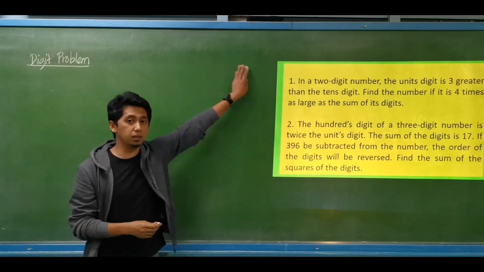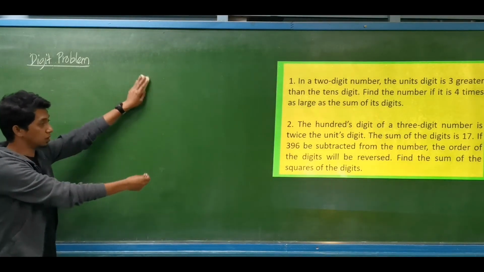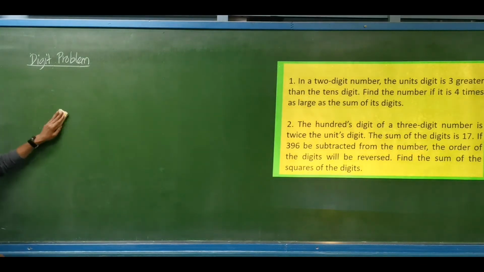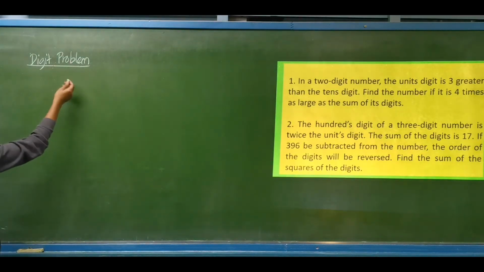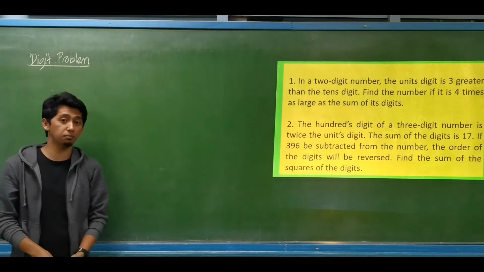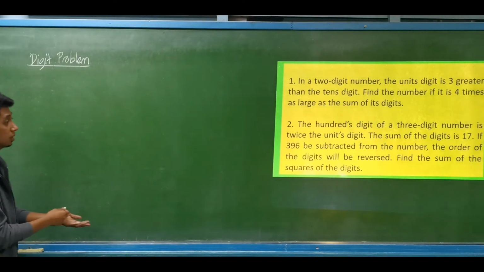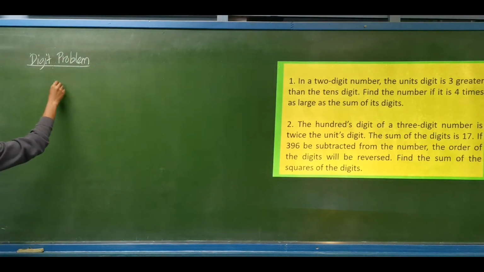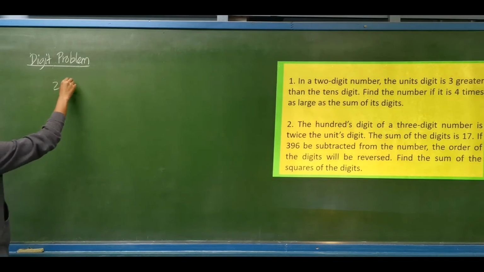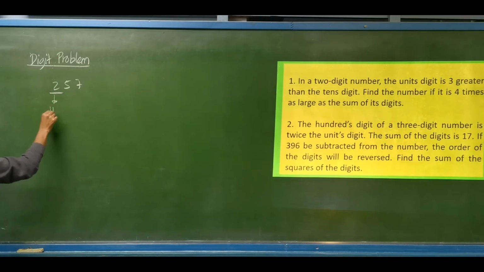So we proceed to a digit problem. So before we proceed with the examples, how do we present an unknown 3-digit number in terms of variables? We have, for example, this number, let's say 257. So h is the hundreds digit.